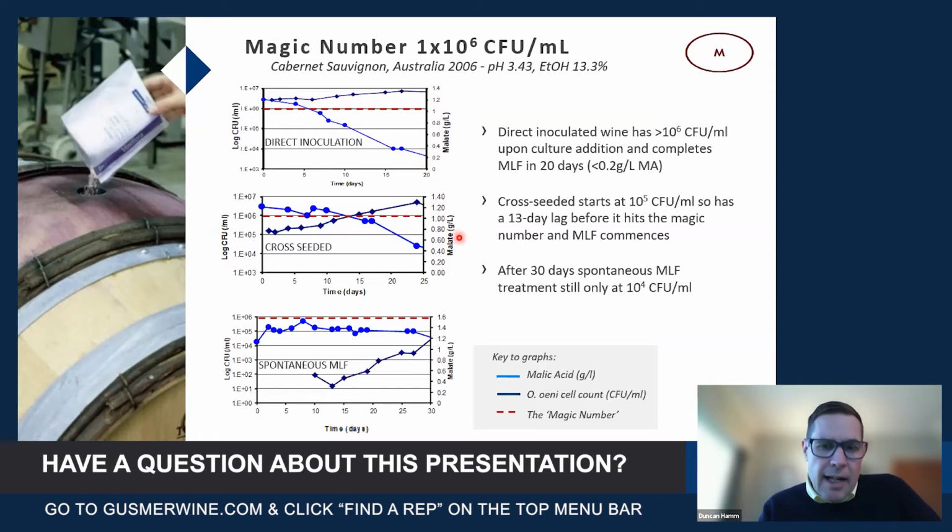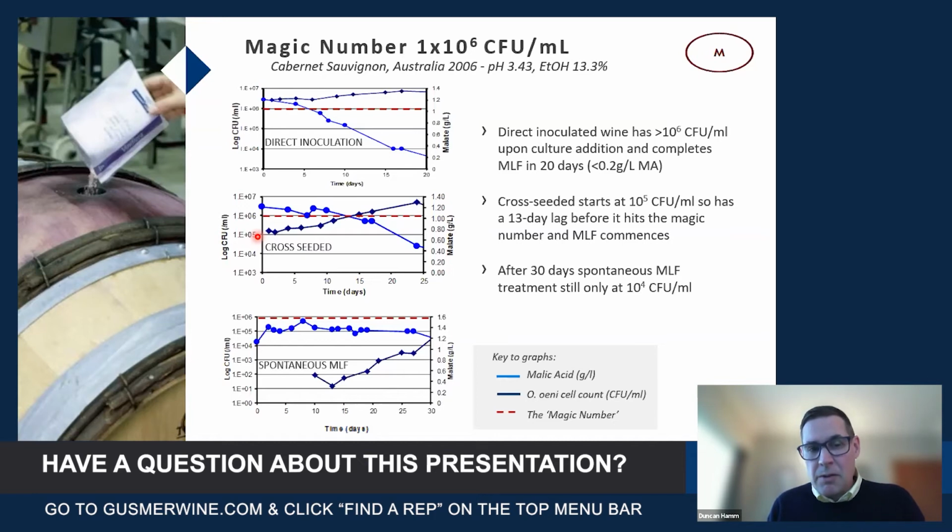The next treatment we had was a cross-seeded tank. This was where a tank that had already been inoculated with VINIFLORA enos and was halfway through malo was cross-seeded at a low percentage into the cross-seeded treatment. What's really interesting here is we see a cell count in the early 10 to the power of 5, and that's roughly what we'd see if 5% by volume is cross-inoculated.